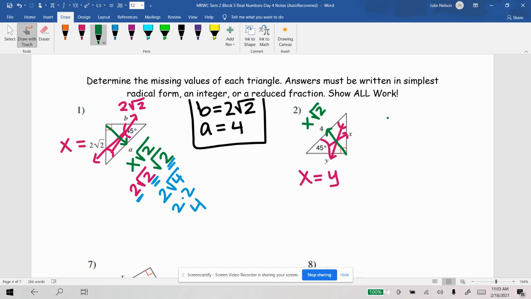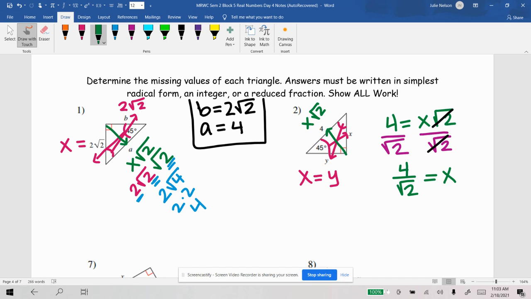Now remember that the hypotenuse is x square root of 2. So if 4 equals x square root of 2, then to solve for x, I'm going to divide by the square root of 2. So x equals 4 over the square root of 2.